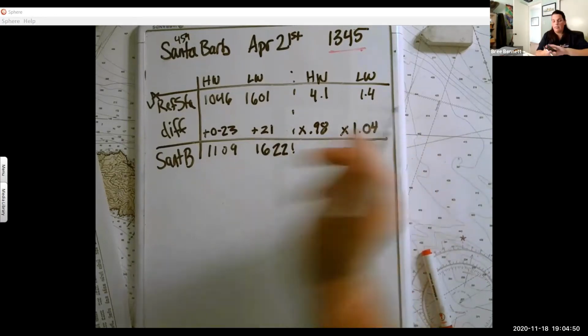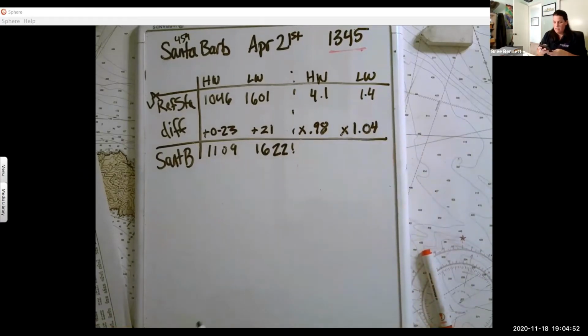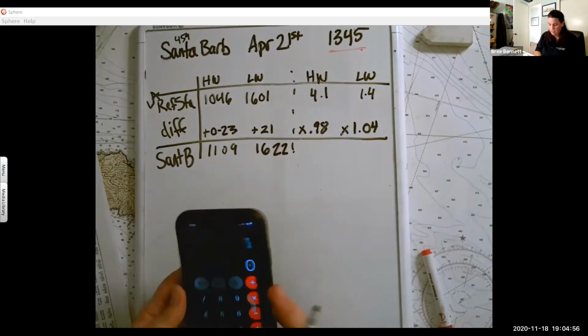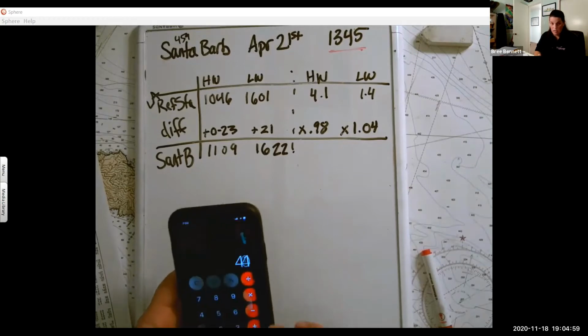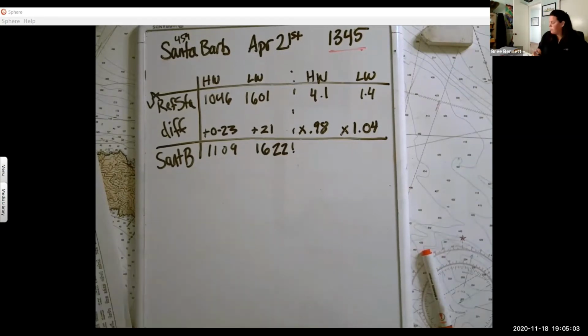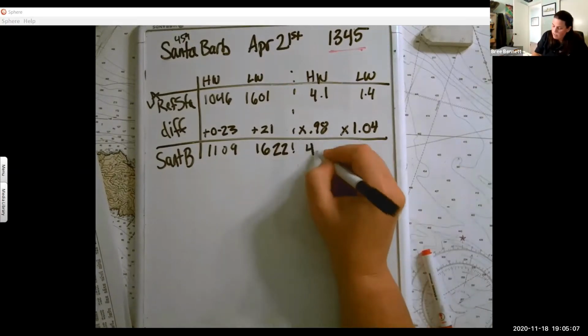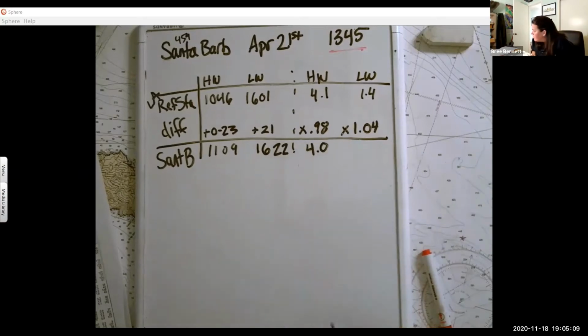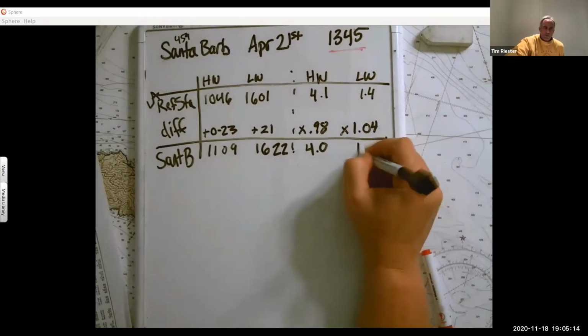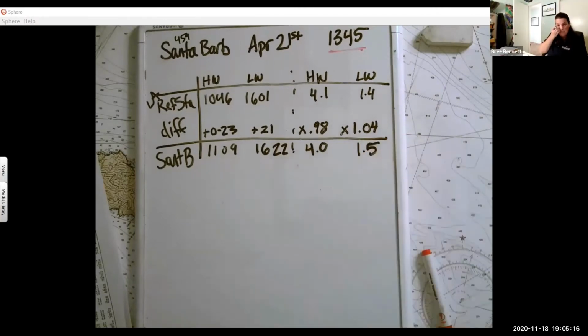I'm gonna need a calculator for this. Oh, my calculator's real weird today. 4.1 gives 4.0, and 1.45. So we'll just call that 1.5.